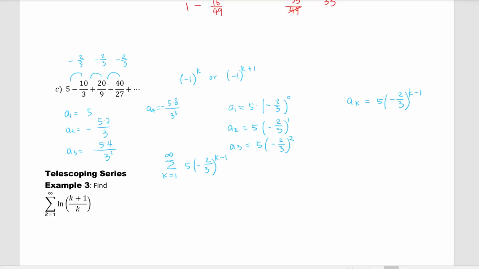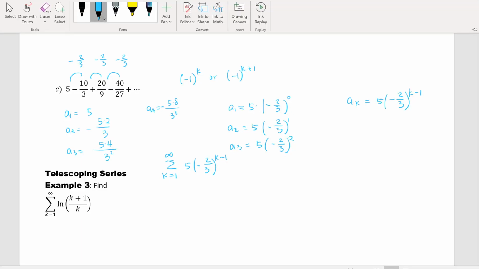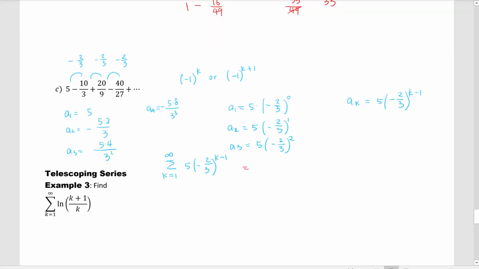So we can also express it if I let my index k start with 0. Then this term is A0, it matches with the 0, right?